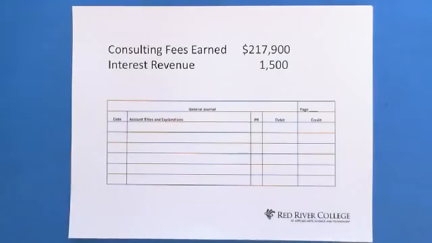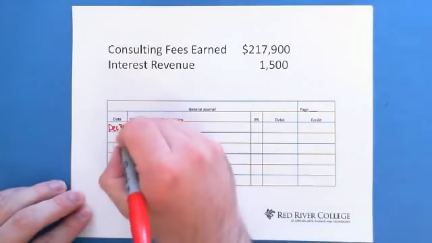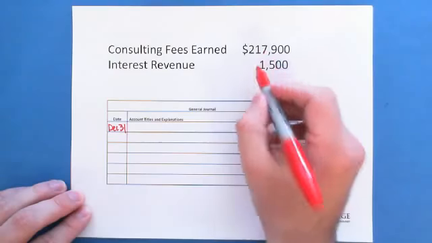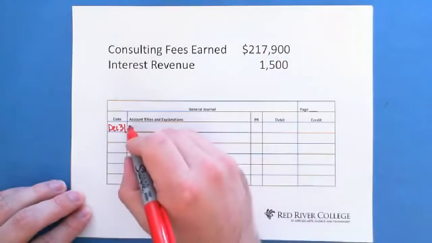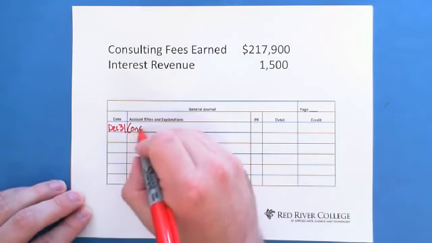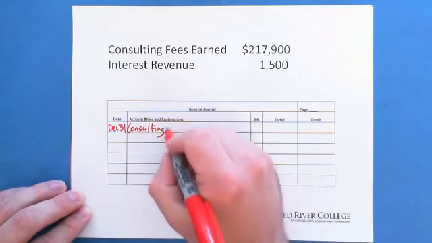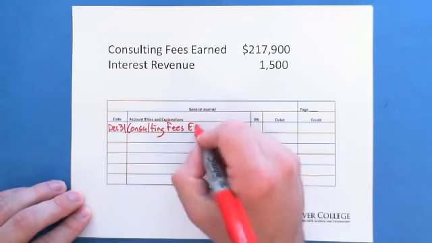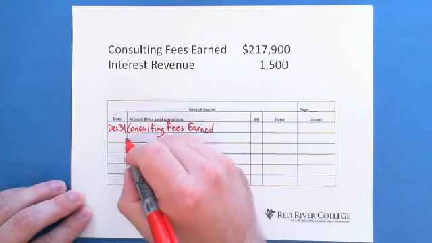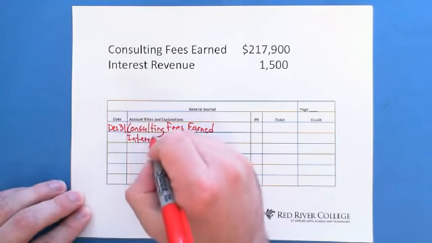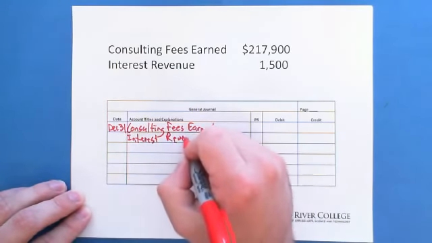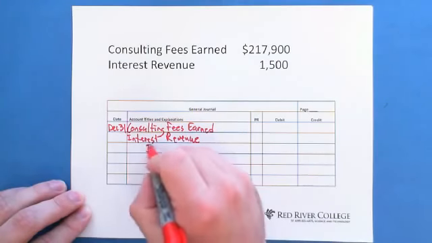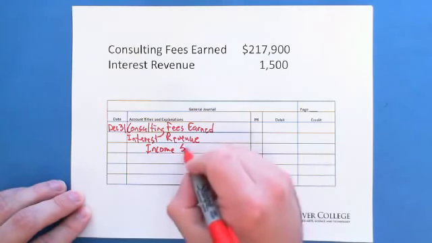So there's our 2 revenue accounts, consulting fees earned and interest revenue. Start with the date, December 31st. So then these are credits, so we must close them with the debits. So we're going to debit consulting fees earned and interest revenue. And they get closed to the income summary.